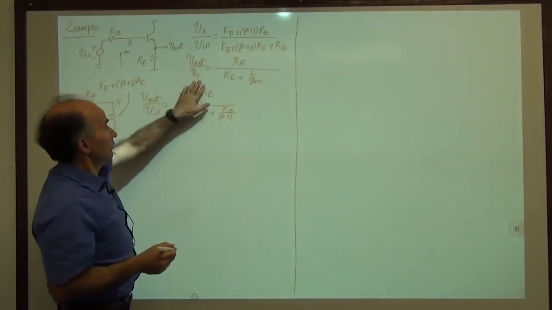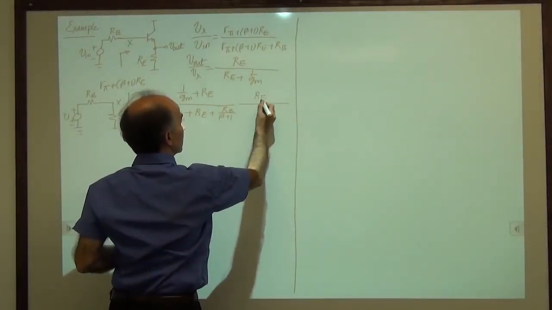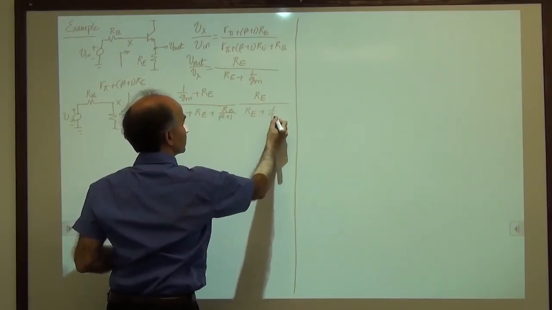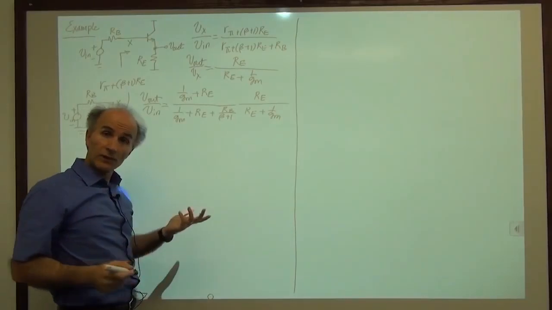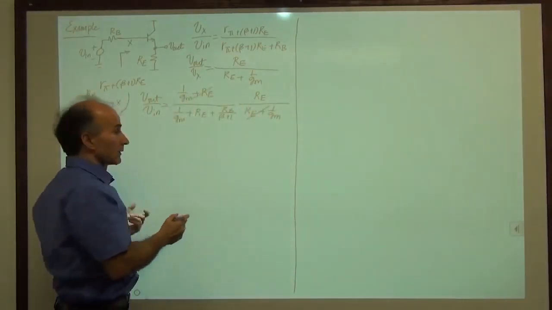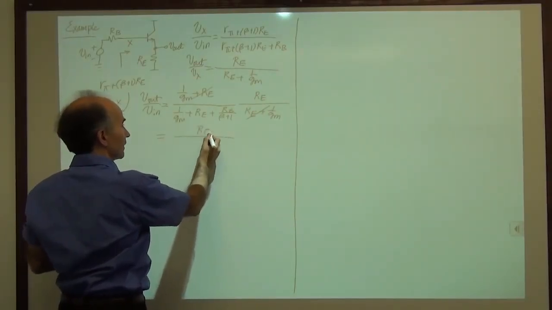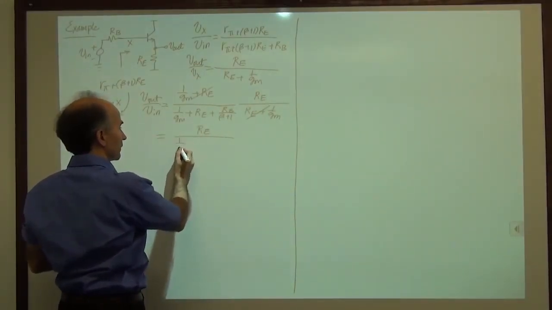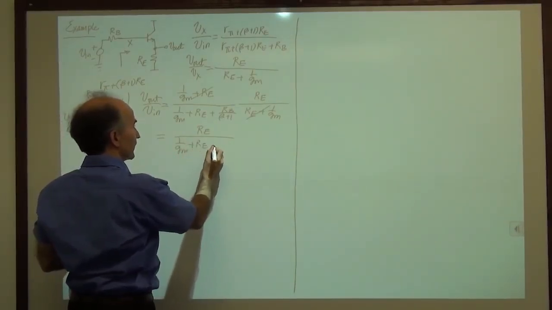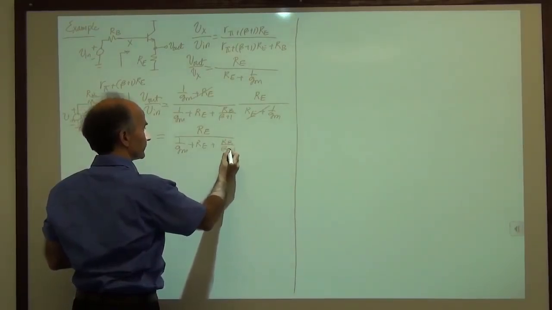And then we have V out over Vx, so that's just Re over Re plus 1 over Gm. Interestingly, this denominator and this numerator cancel, so we end up with this nice little equation for the voltage gain of this particular emitter follower: Re over 1 over Gm plus Re plus Rb over beta plus 1.